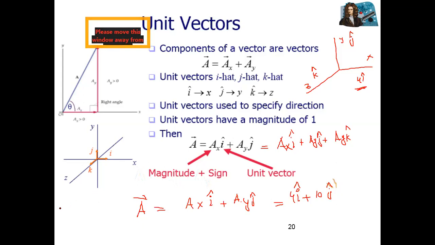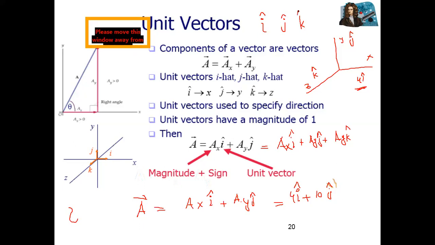And what are the symbols for i, j, k? Like this one is i, this is not i, sorry. So we have i with a cap, this is i-cap, this means unit vector. Or you have the j symbol, j with a cap. And the k vector, k with a cap.